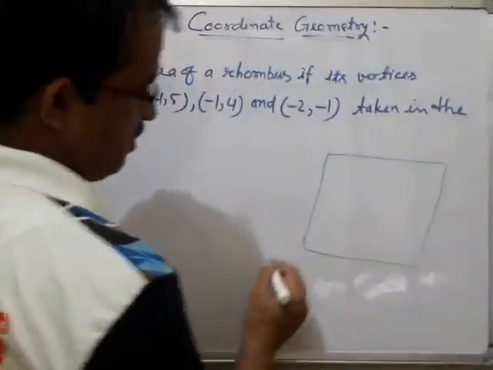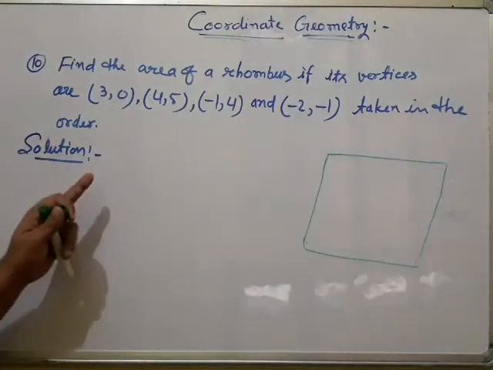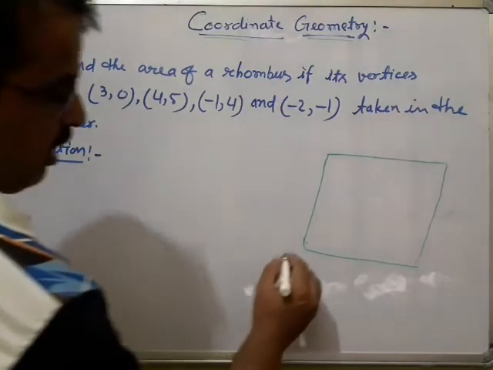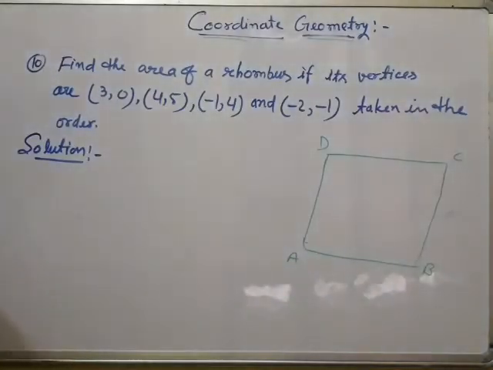This one is a rhombus, and in order means A, B, C and D. Clear? In order. ABCD is a rhombus.